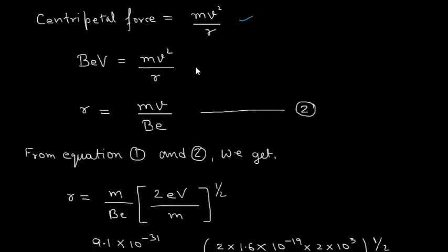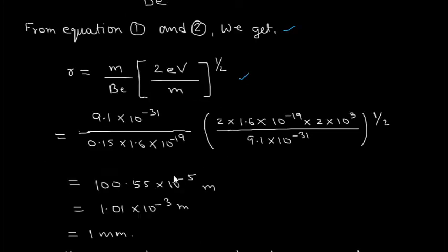Now, Bev is equal to mv square upon r. r is equal to mv upon Be, equation number 2. From equation 1 and 2, we get r is equal to m upon Be into (2eV upon m) under root, or to the power half.